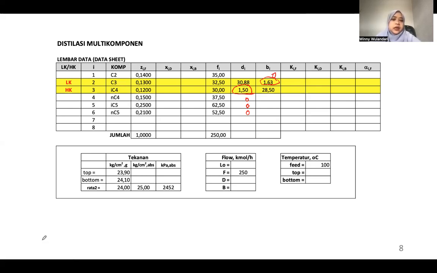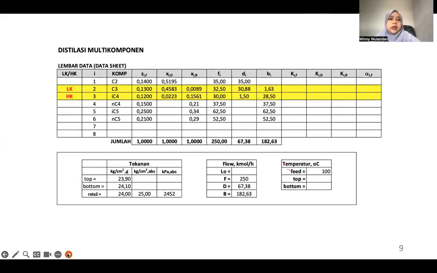Okay, I hope you can get some things that I see. So here you can see that if we calculate it, the distillate would be enriched with the components lighter than the heavy key, and the bottom would be full of the components heavier compared to the light key.